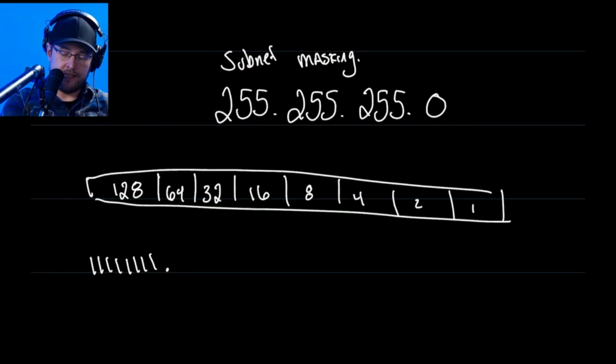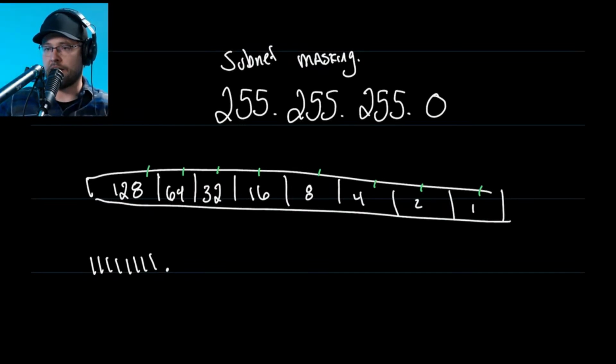Because each of these is used. So we're using 128, 64, 32, 16, 8, 4, 2, and 1 to get 255, which means that every single bit is a 1.